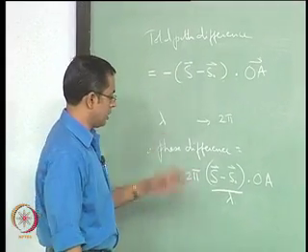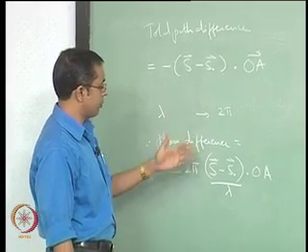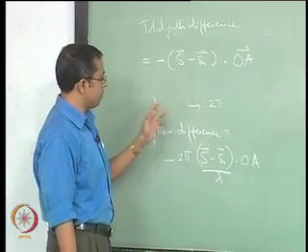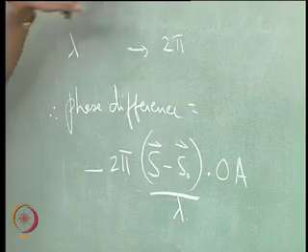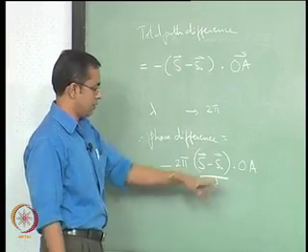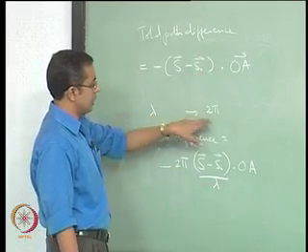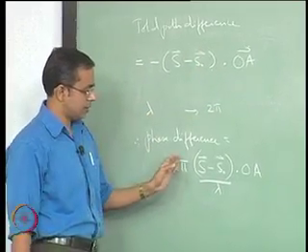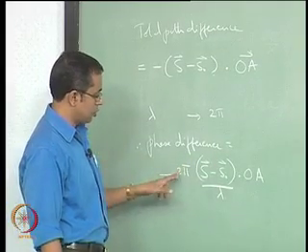Okay, so it is just a matter of proportions. A path difference of lambda gives us a phase difference of 2 pi, therefore a path difference of this gives us this phase difference, this path difference times 2 pi divided by lambda. So that is what we have.